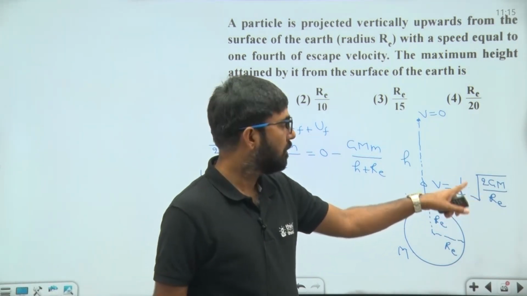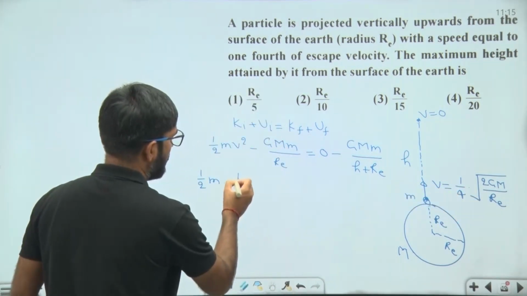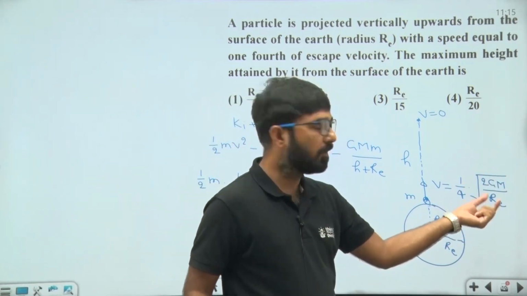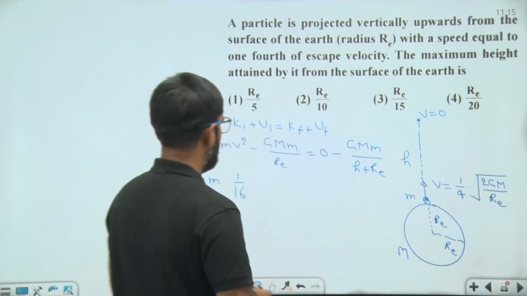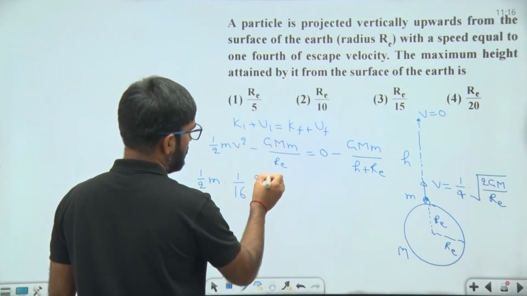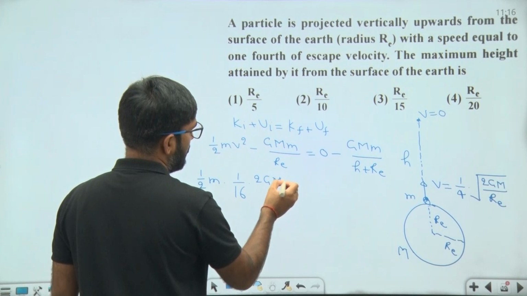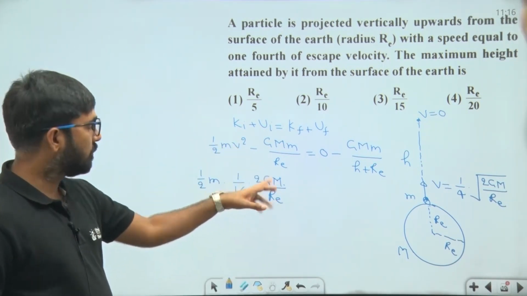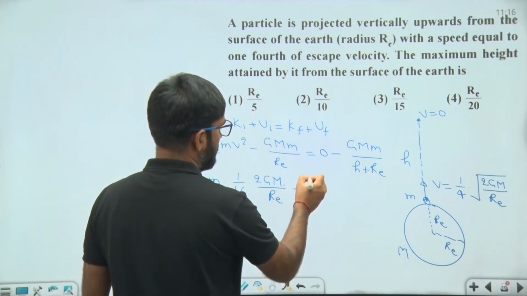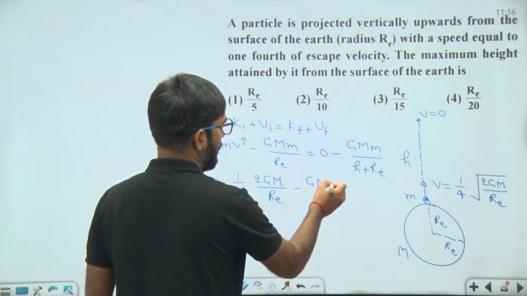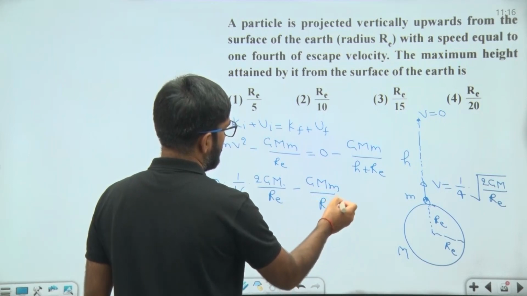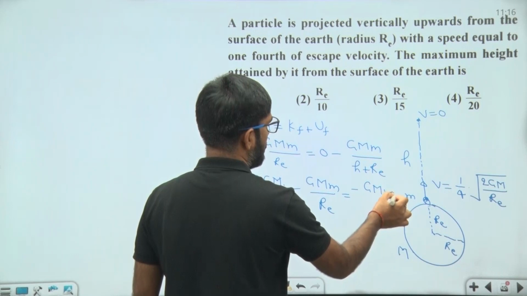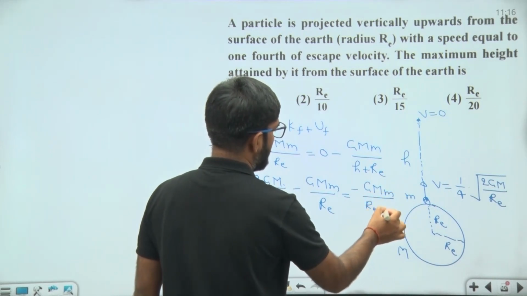Square of 1/4 will be 1/16, and square of this, removing the under root, will be 2GM by RE into 2GM by RE. This is the value of half m v square, minus GMm upon RE equal to minus GMm upon RE plus h.